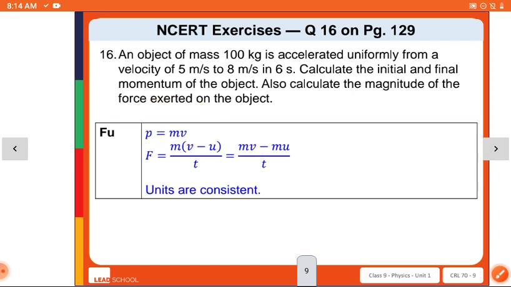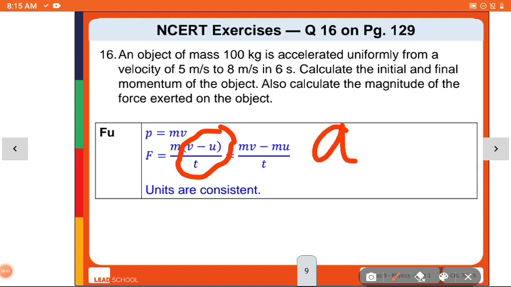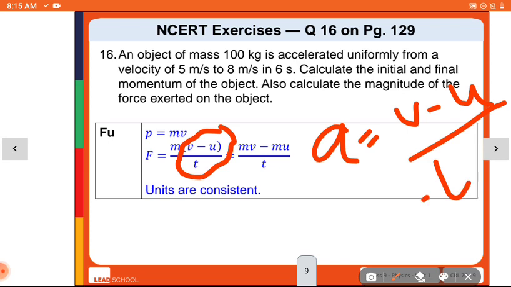Force is equal to mass into acceleration. Acceleration means the rate of change of velocity upon time, because acceleration is equal to v minus u upon time.